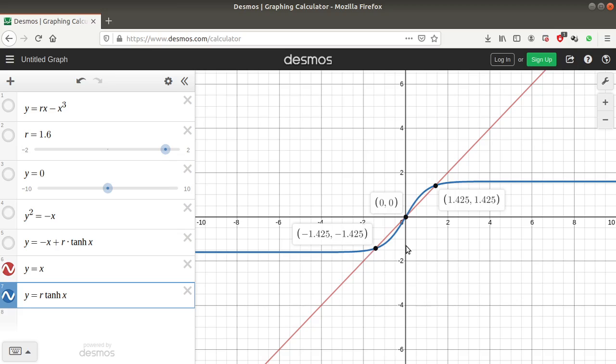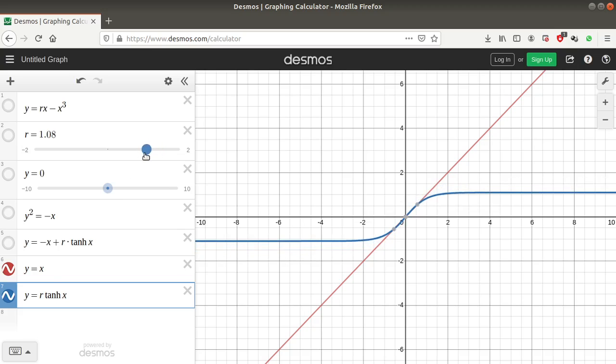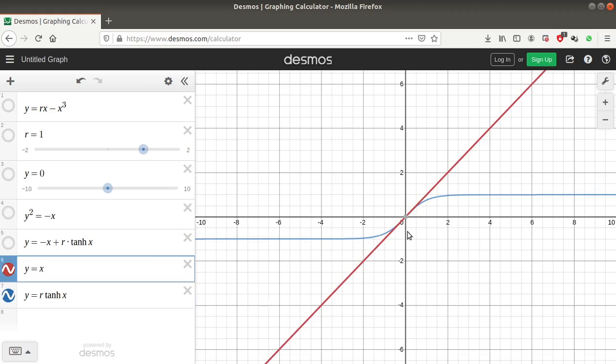Now how can I verify that when R is 1, the bifurcation happens? We have already seen in our previous video that the bifurcation happens when there is a common slope at the fixed point, at that intersecting point, right? So if the intersection is happening when R is equal to 1, then the slope of this line as well as the slope of this line will be the same at this particular point.